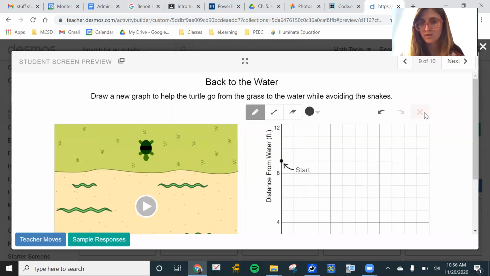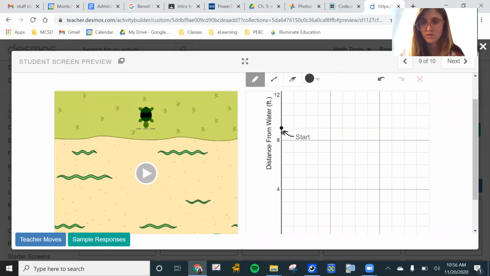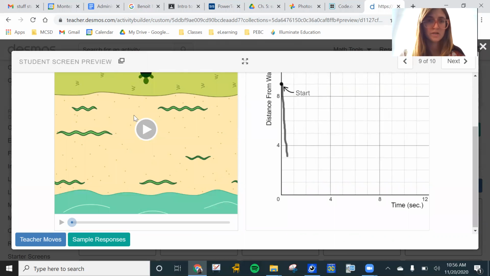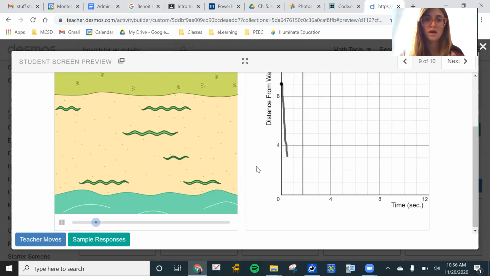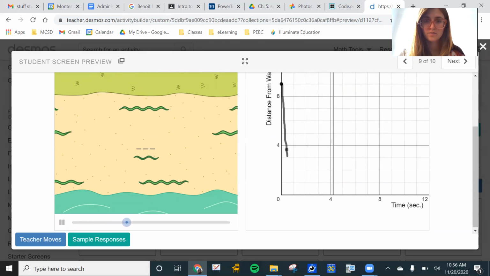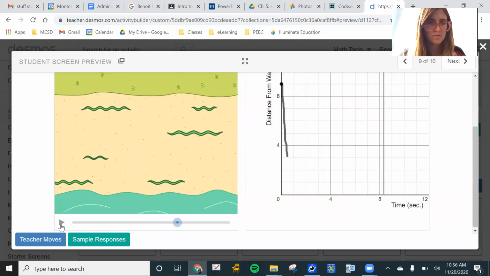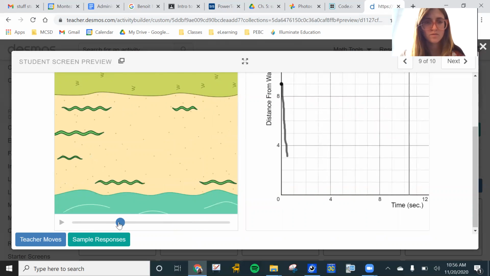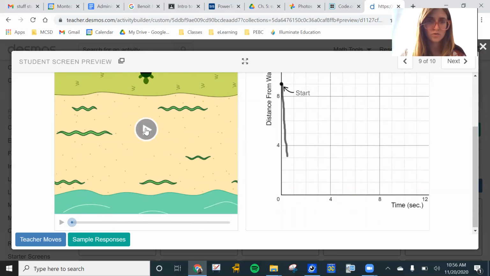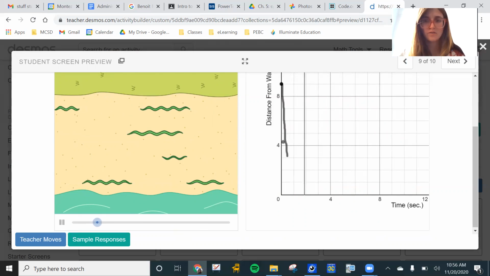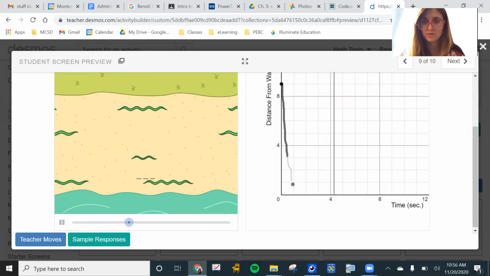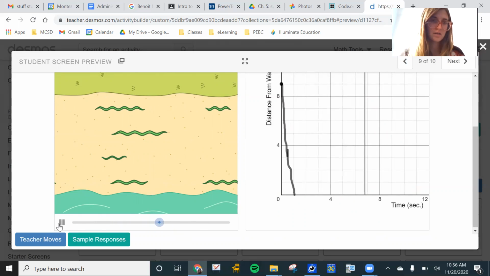Let's clear that out and try again. I think if I just go super fast, he'll be able to make it to the water without getting hit.